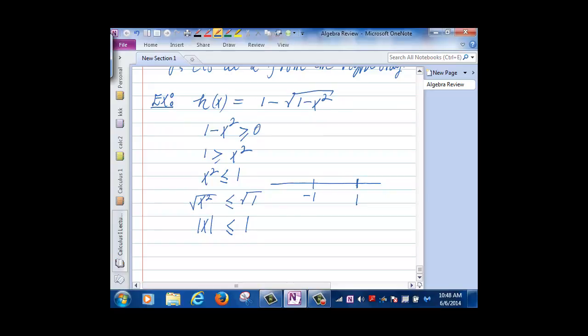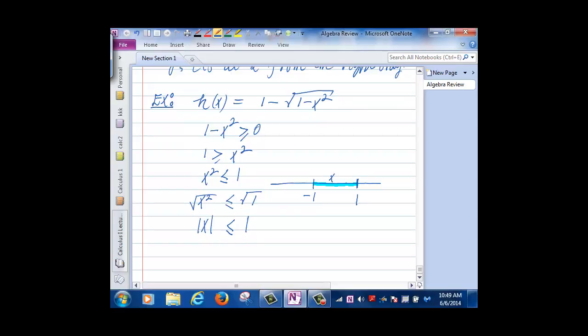The absolute value of x being at most 1 means the distance of x from 0 is at most 1, so x has to be between -1 and 1, right? Everybody's okay with that. So the domain is everything between -1 and 1.